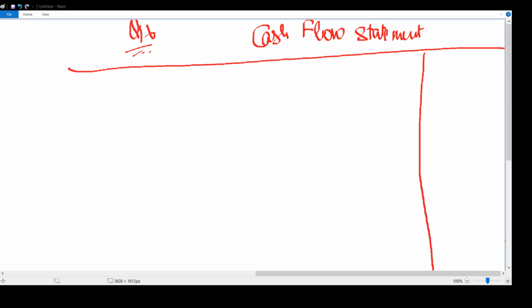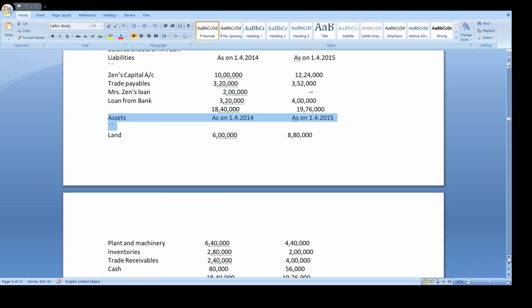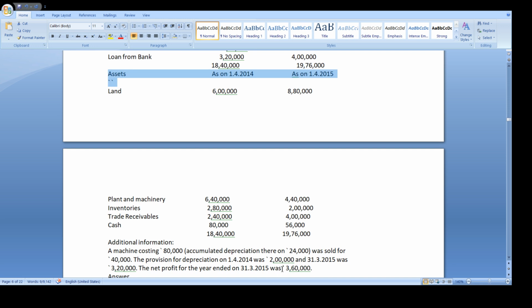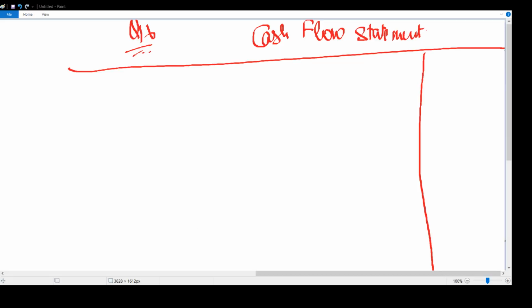Firstly, have a look at the question. We are given with profits of 3 lakh 60,000 rupees. Firstly, we are starting with CFOA.